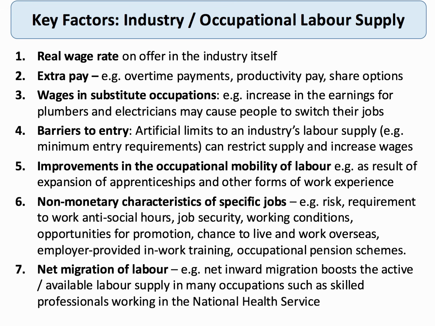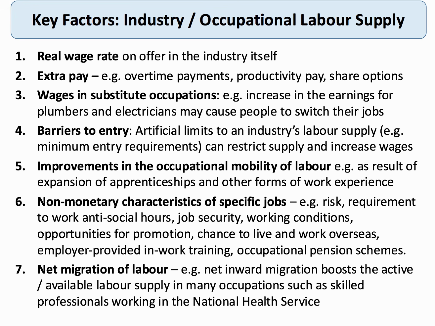Equally, there could be some non-wage benefits of a particular job, so job security, holidays, working conditions, the chance for a clearly defined career path, the opportunity to live and work overseas, the quality of the in-work training and mentoring provided by the employer, and crucially, the opportunity to get involved in an occupational pension scheme, which in particular in the public sector has been in the past quite a significant inducement. So labour supply is affected by, if you like, the non-pecuniary or non-monetary characteristics.